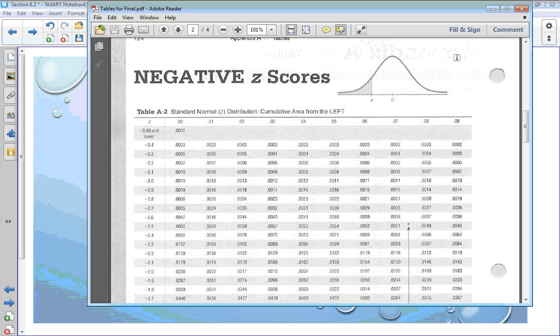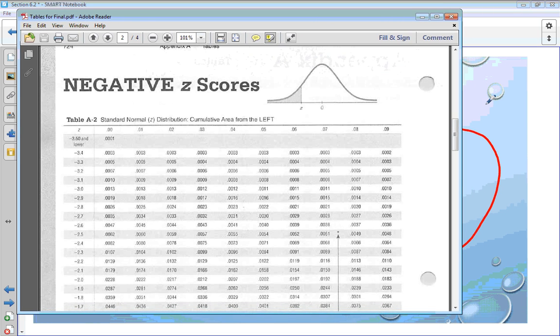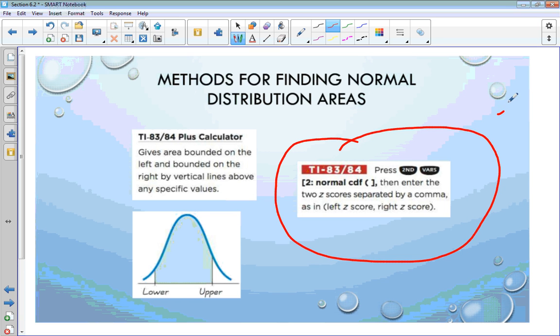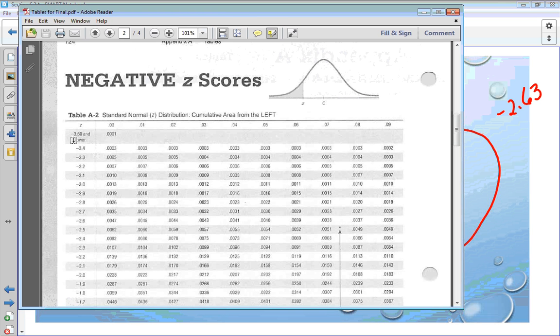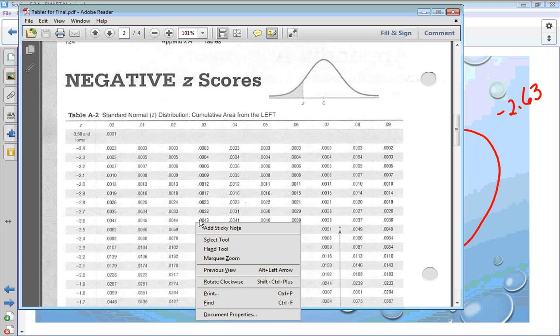If I were looking for negative 2.63 as a z-score, I would go to my column here and look down. I'm going to look at the row that says negative 2.6, and I'm going to go all the way over to the column that says 0.03. So now I have negative 2.63.